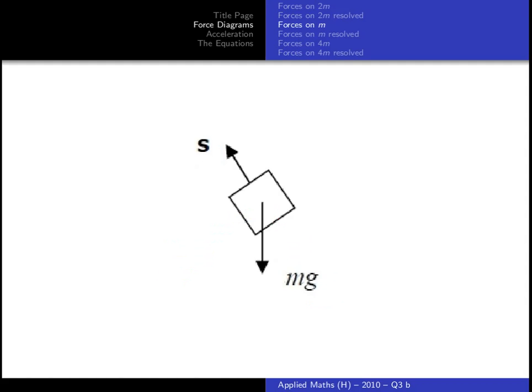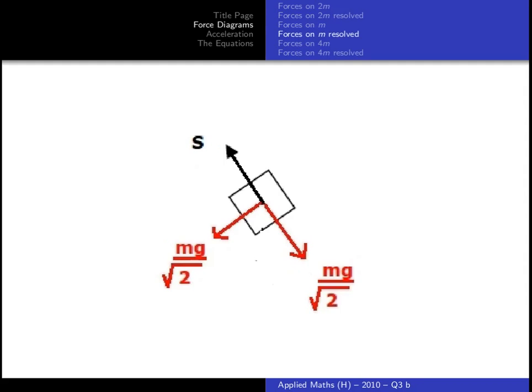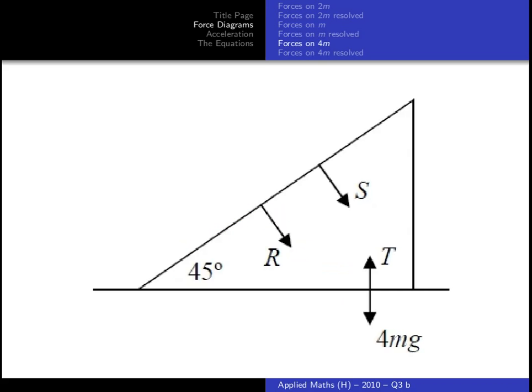Then this is the force diagram for the mass m object, and we need to resolve this as well. And we have mg cos 45 and mg sin 45 as well. And then this is the force diagram for the 4m mass, and we need to resolve these.